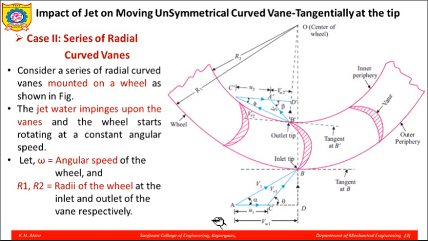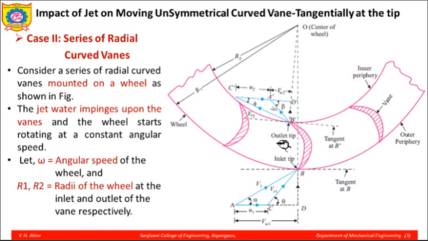The nozzle is provided over here that will supply the water jet with absolute velocity V1, and the water is directed to pass through the passage between the two consecutive curved vanes.